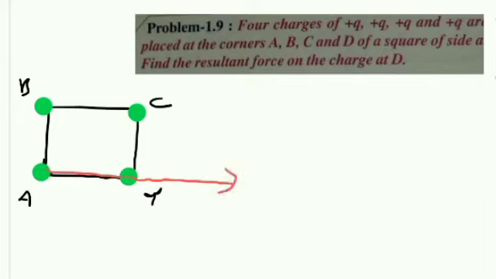Now the force is K Q square by A square, as every side is A.